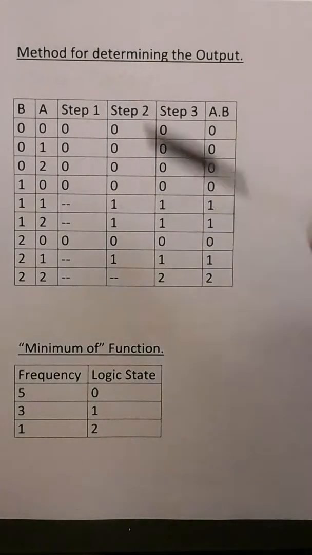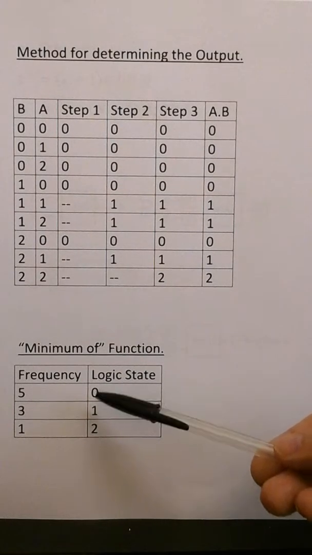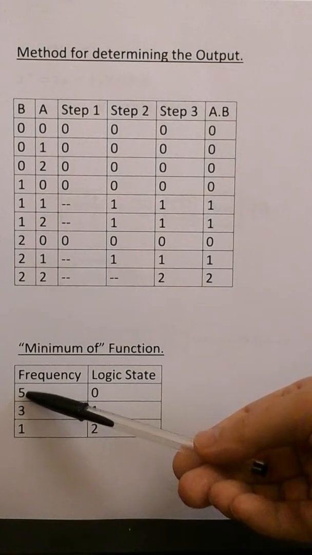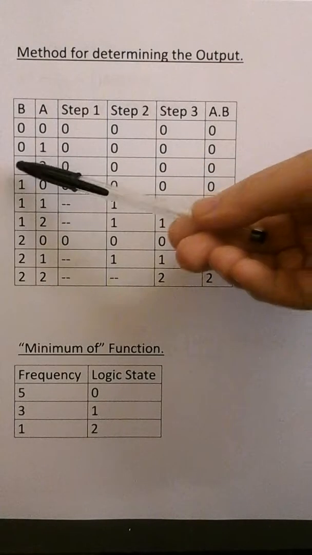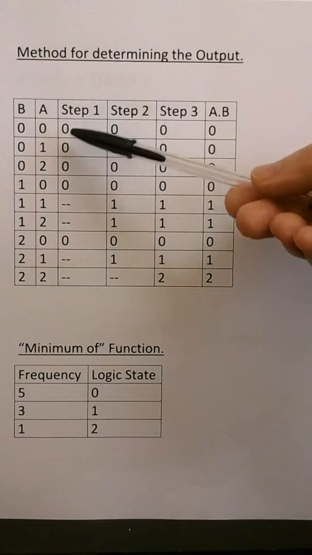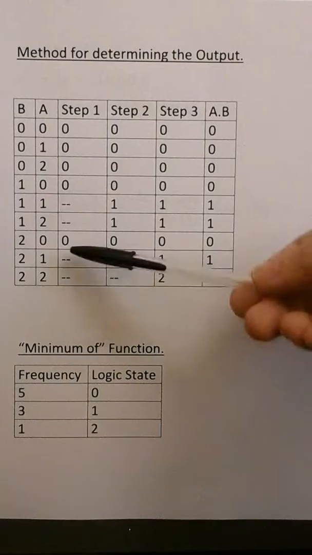So you take step 1, you look for the logic state with the maximum frequency, the greatest frequency, in this case it's 5, and you look for a 0 on any of the inputs, and write the output logic state there, which in this case is a 0.